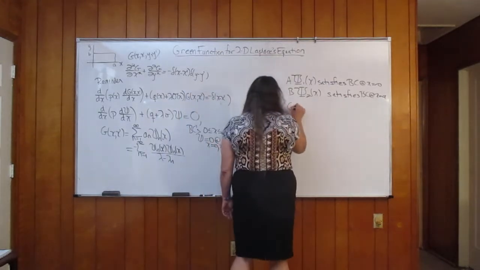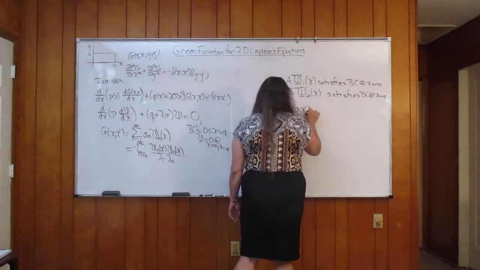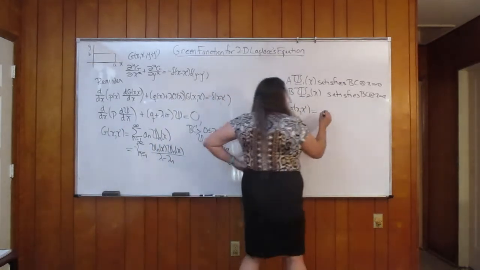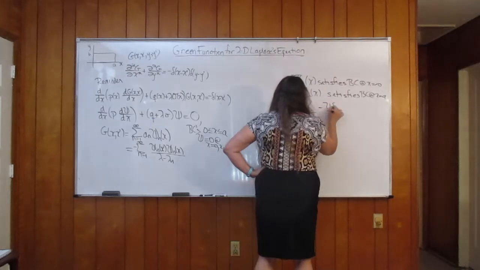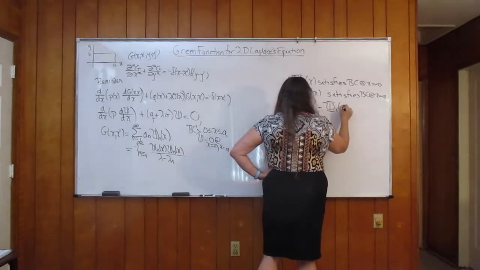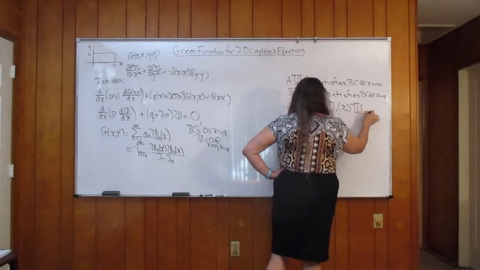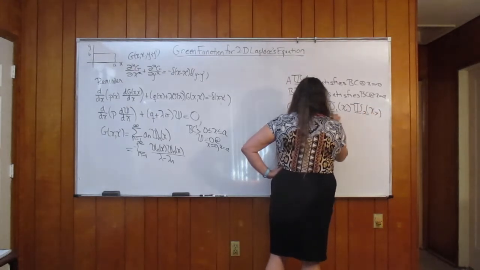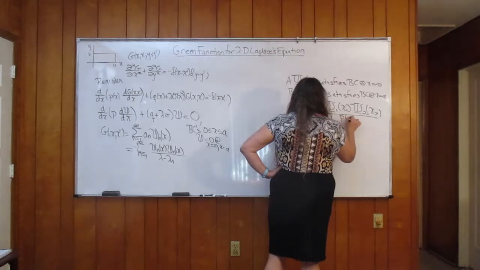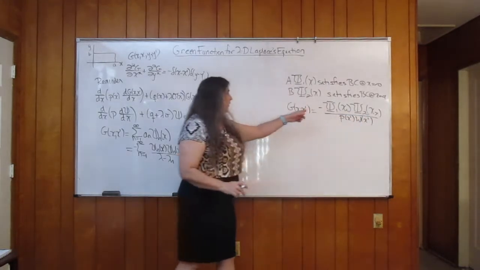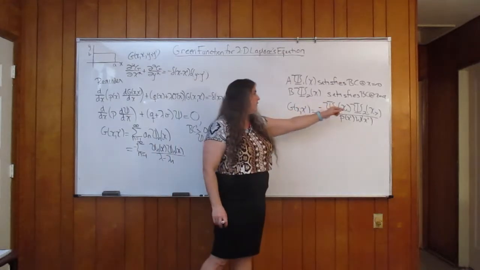And ultimately, we derived a second form of the Green's function, and that was equal to minus psi 1, which satisfies the boundary condition at x equals 0.